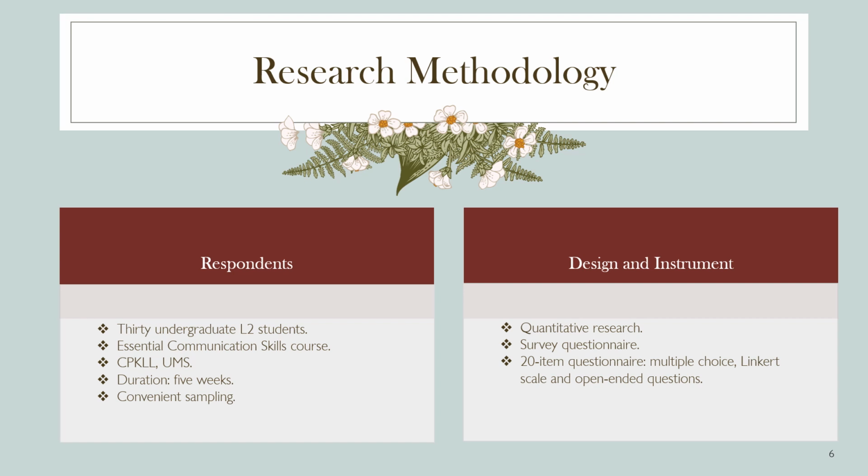The 20-item questionnaire comprises 5 parts of multiple choice, Likert scale, and open-ended questions. The first part provided general instructions to students and explained the definition and examples of bichronous online learning.